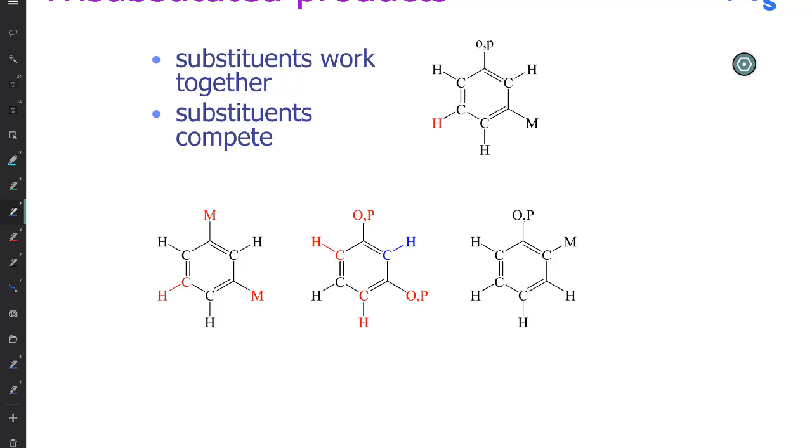So, for example, let's look at, I have an ortho para director here and a meta director here. Those are working against each other. Ortho para to that substituent would be here, and then meta would be here. And so if the red hydrogen is the one you want to replace, what you have to make sure of is that the meta is a stronger meta director.